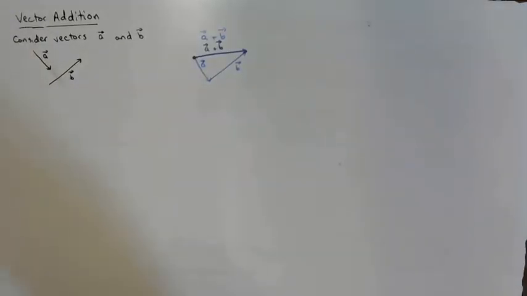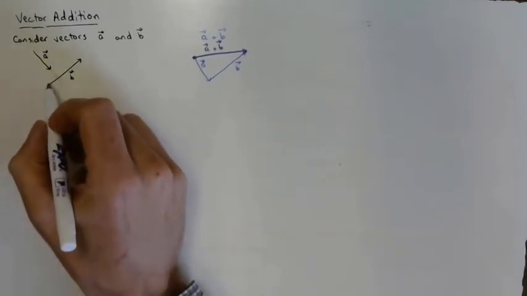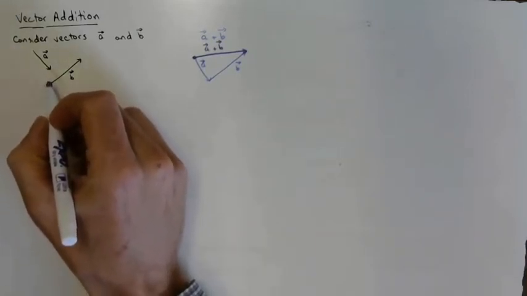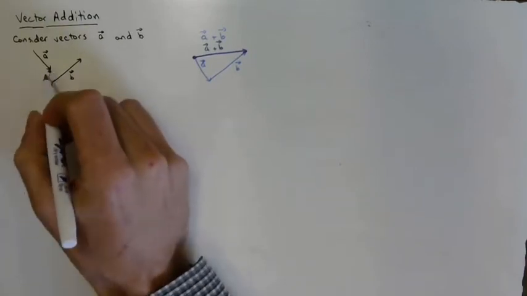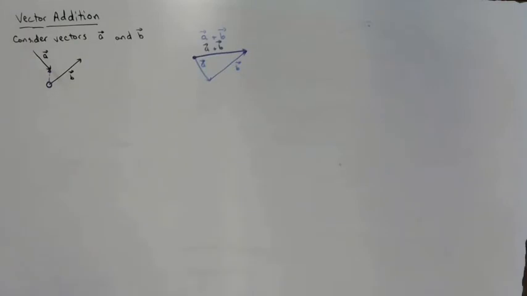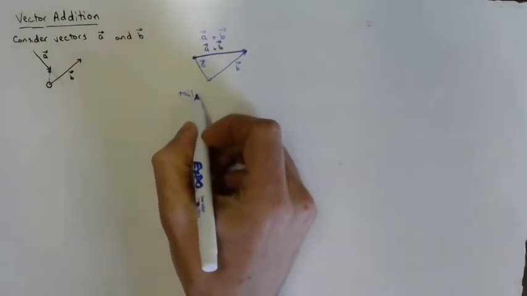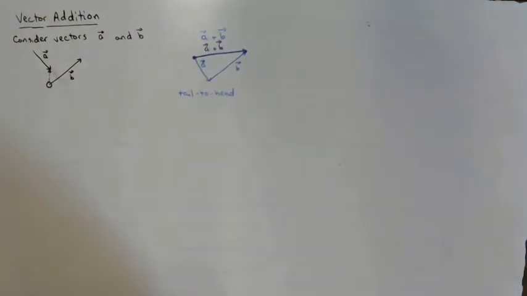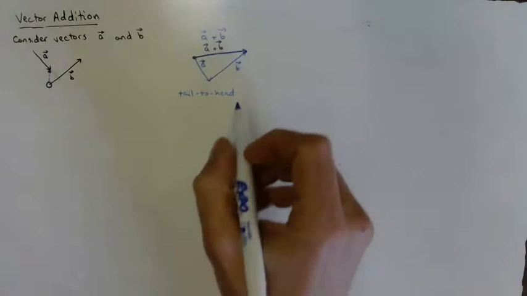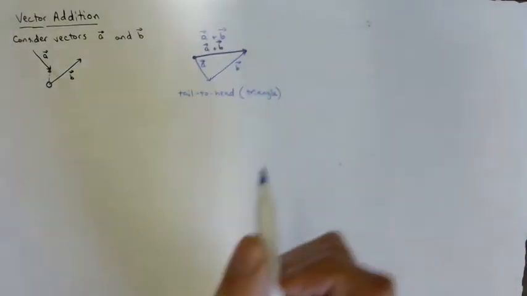Now, this is called the tail to head method because I've taken the tail of B and I've translated it to touch the head of A. So this is tail to head, or the triangle method. We've simply created a triangle here.